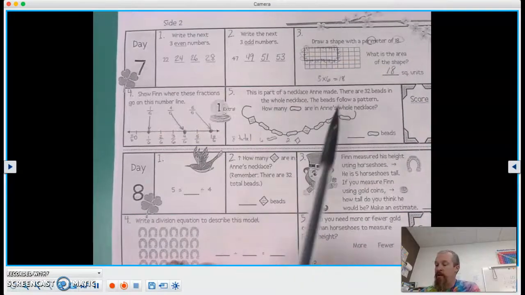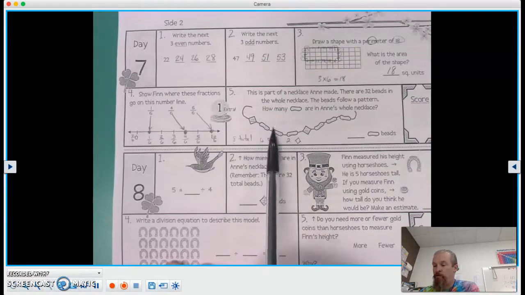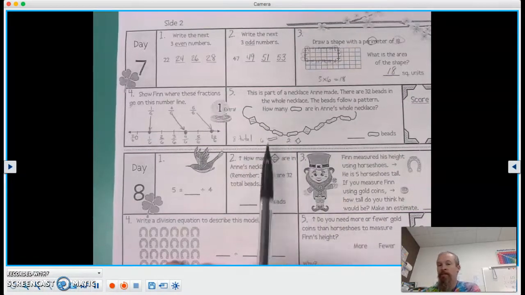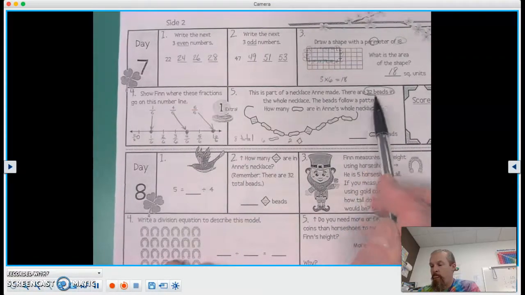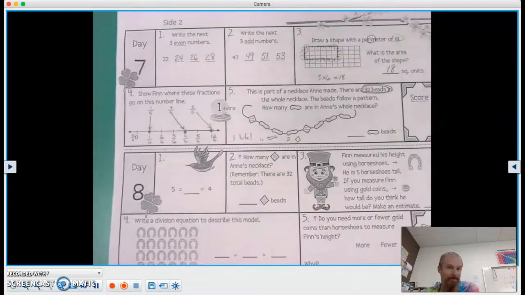So this is part of the necklace. Well, there's a total of 8 here, right? 1, 2, 3, 4, 5, 6, 7, 8. So there's 8 total pieces. But in her necklace, there's 32. So this is just a fraction of her necklace. It's just a piece of it.